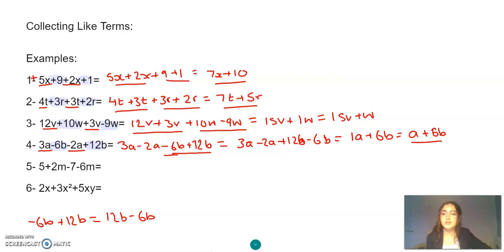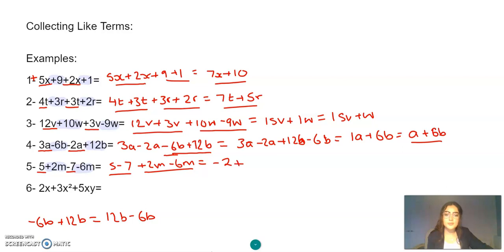So next question, we have positive 5 and negative 7, and we have positive 2m and negative 6m. So let's rewrite as always, plus 2m minus 6m. Our like terms here leave us with minus 2. So here we're incorporating our negative numbers, so you have to be very careful with those.